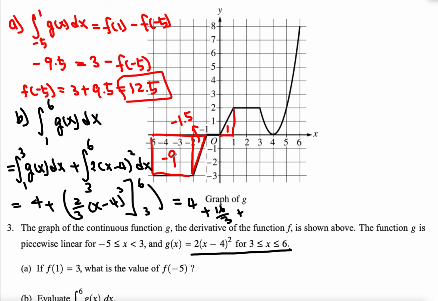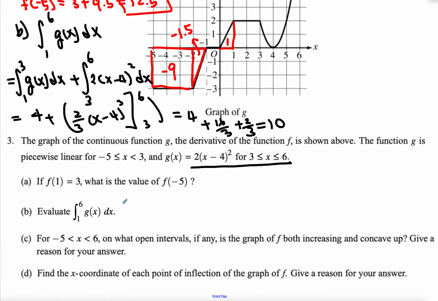And when you plug in 3, we get negative 1 to the third power, which is negative, but subtracting it makes it positive 2/3. So this one becomes 6. Together with 4, the total becomes 10. That's the part B answer.